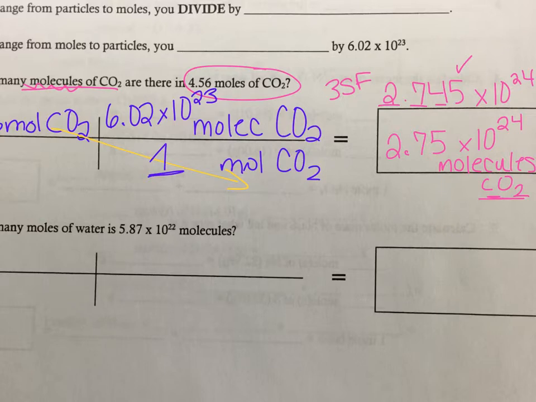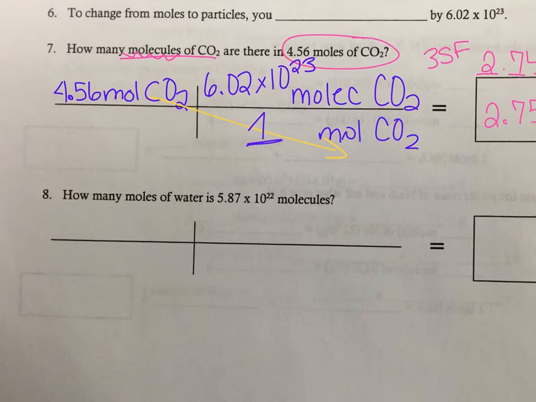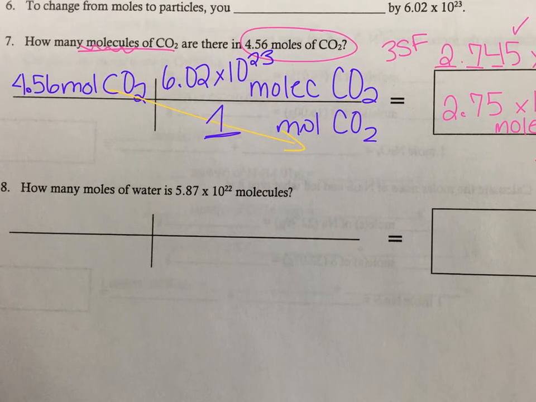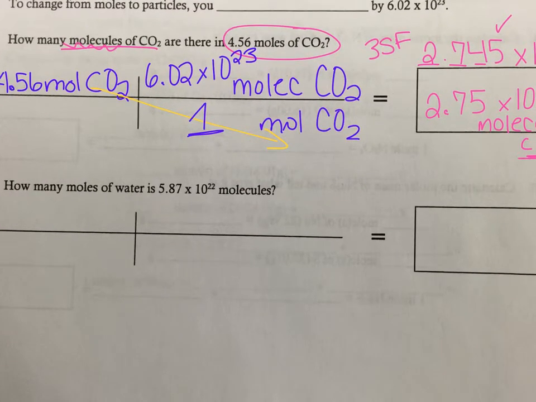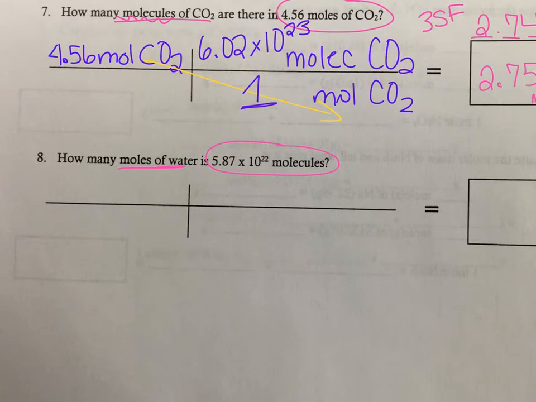Okay, so let's look at the other example. So this is just reversing what we just did, kind of, okay? So this one is saying how many moles of water is 5.87 times 10 to the 22nd molecules making up, okay? So this is what they gave me. This is what they want, right? So I'm going to go ahead and start with what they gave me. So 5.87 times 10 to the 22nd molec H2O.